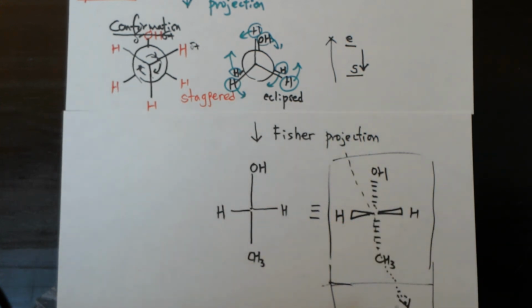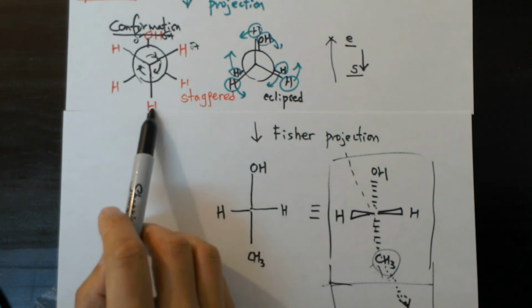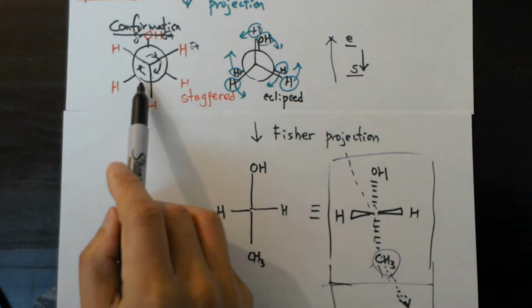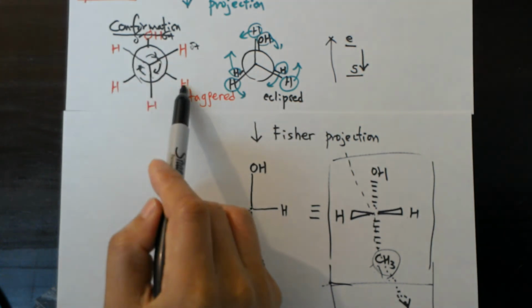Then in front of your eye you have a CH3. That CH3 is holding 3 hydrogens. That's right here, and that's the carbon. Behind that carbon you have the carbon holding 2 hydrogens and the OH. That's the carbon behind this front circle carbon holding 2 H's and OH.